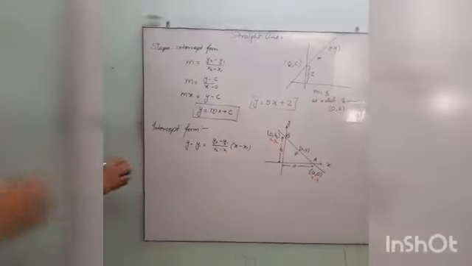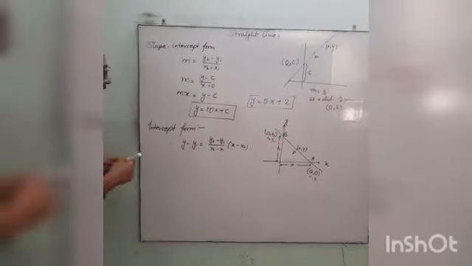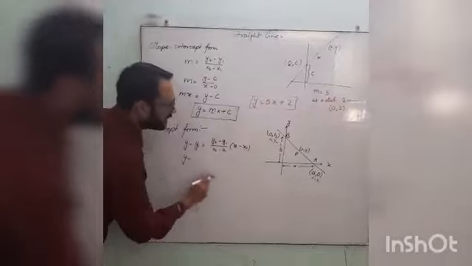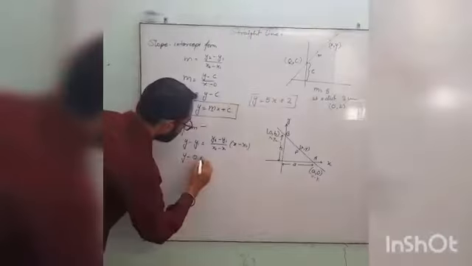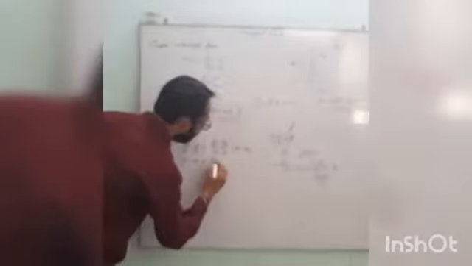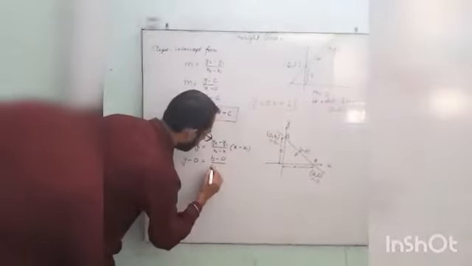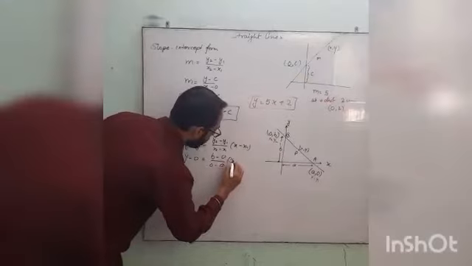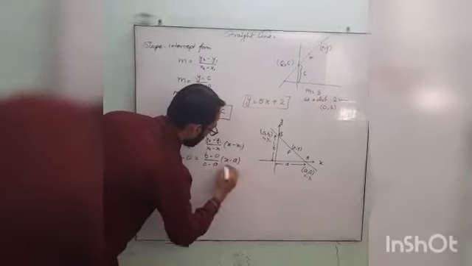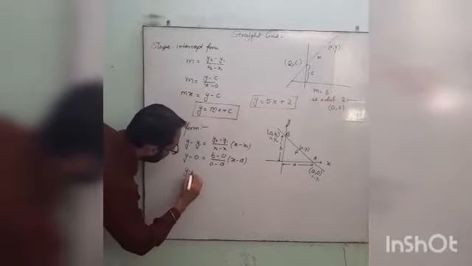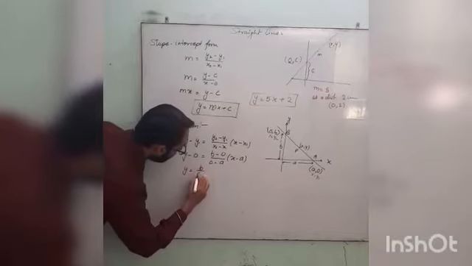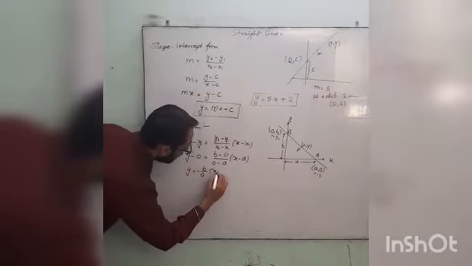So let us put these values into the equation. y minus y1, that is 0, is equal to (y2 is b minus y1 is 0) upon (x2 is 0 minus x1 is a), times (x minus x1, that is a). So it will be y is equal to b upon a with negative sign, times (x minus a).